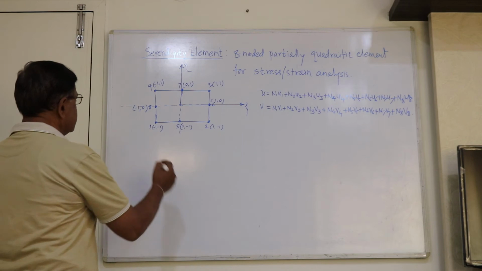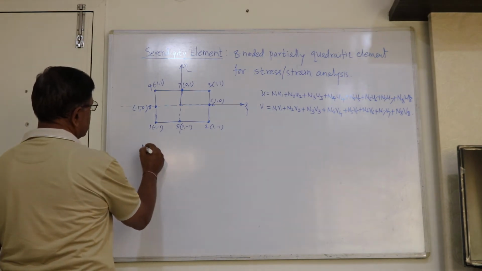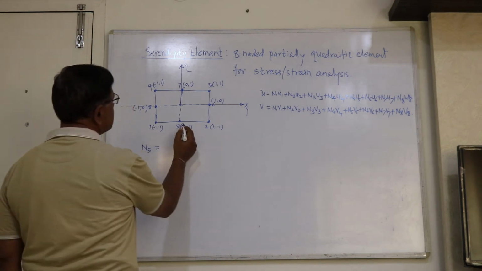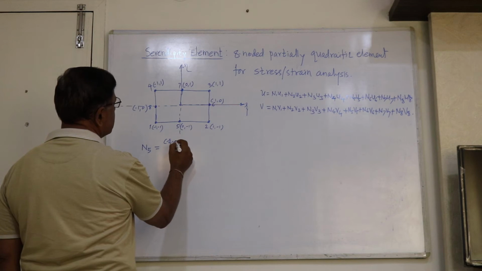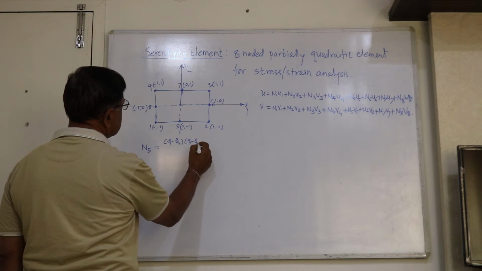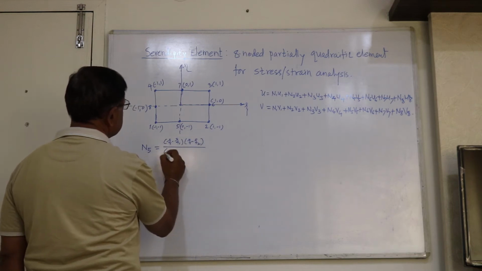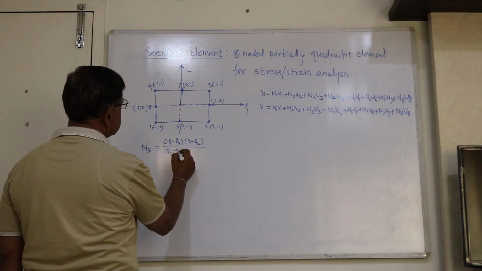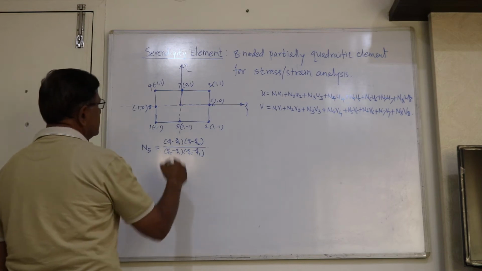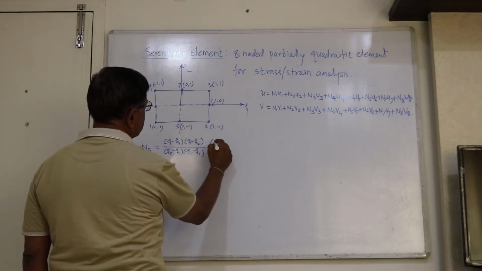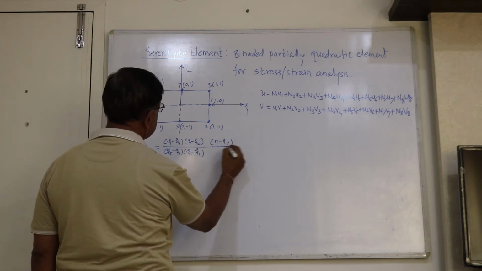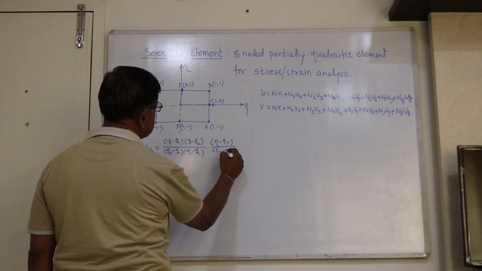Now first, say the shape function for fifth node n5 is equal to, now Lagrangian interpolation formula, this is xi minus xi1, xi minus xi2 divided by xi5 minus xi1, xi5 minus xi2, and in eta direction we have eta minus eta7 divided by eta5 minus eta7.